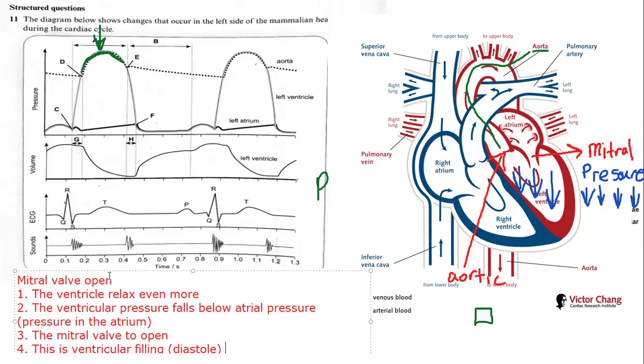Okay, so the ventricle then starts to relax even more. Therefore, the pressure will fall below the pressure that is in the atrium, causing the mitral valve to open. Very good. Therefore, the ventricular diastole will happen after. Very, very good.